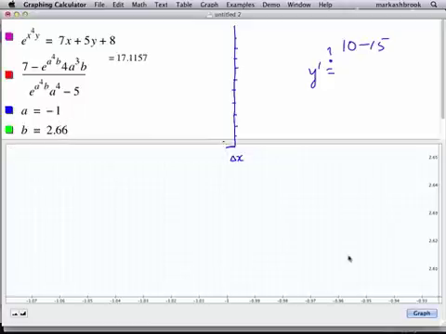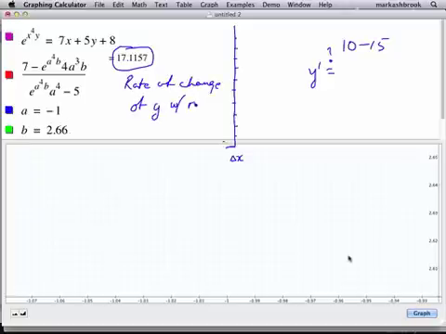So what does that number mean? Tell the person next to you exactly what that number, 17.1, means. What does that number mean? Tell the person next to you. So for changes in y, or 17.1 times greater than changes in x.